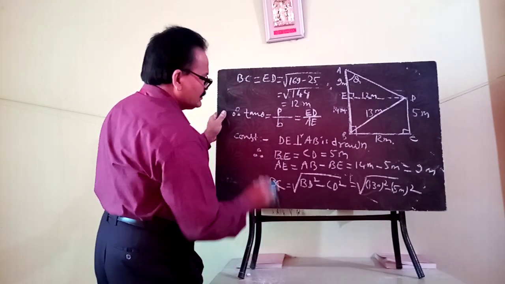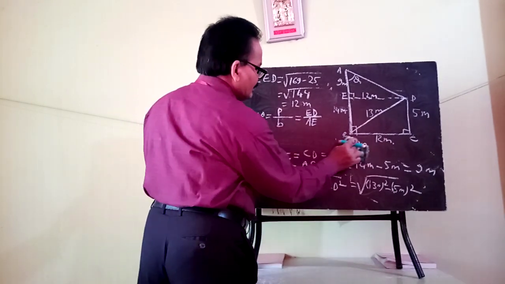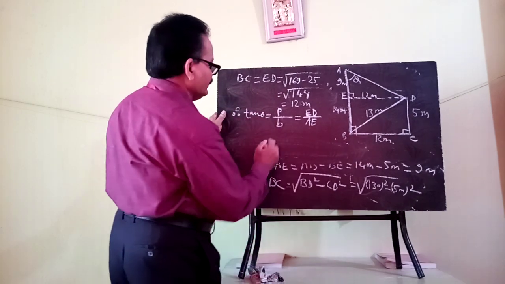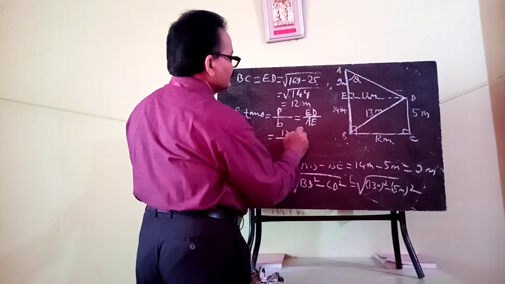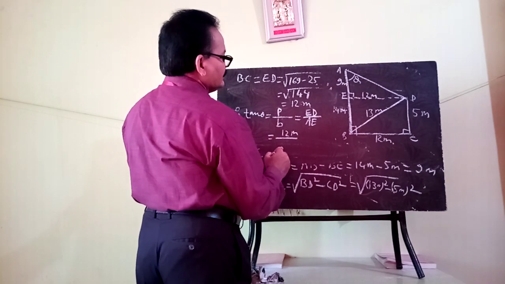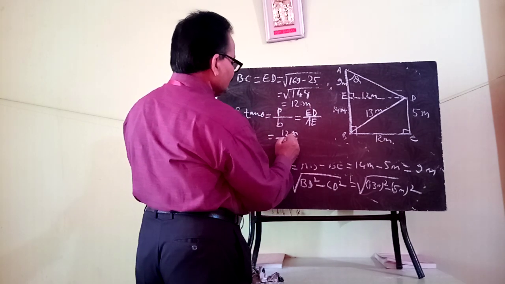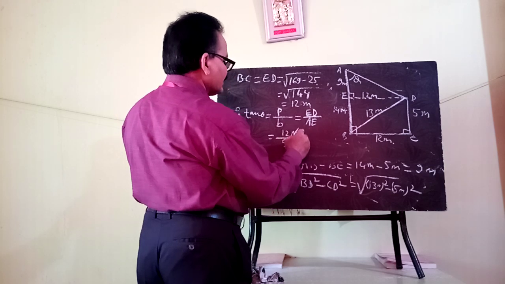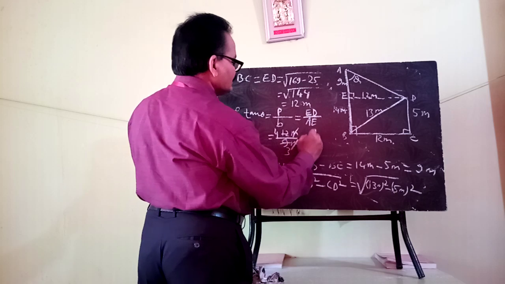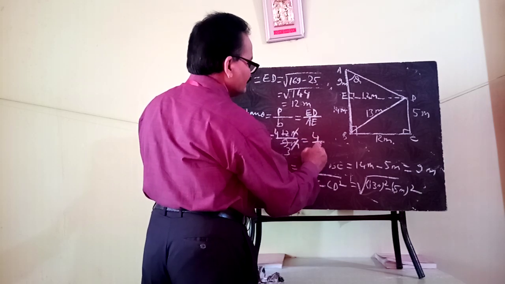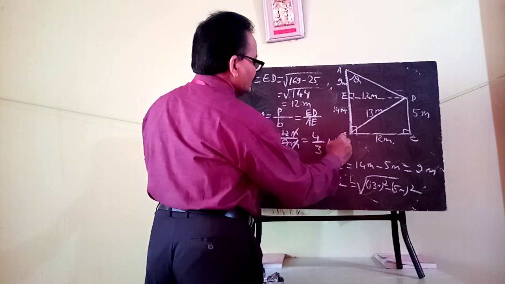So your final result will be ED is 12 meter and AE is 9 meter. Cancel each other: 3 times 3 is 9, 3 times 4 is 12. So this will be 4 by 3. So this much will be the answer.